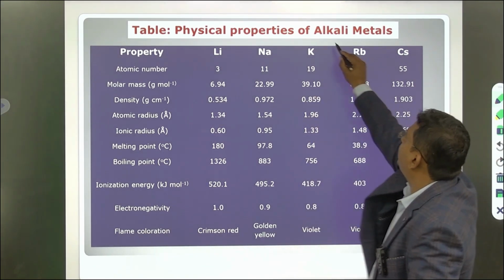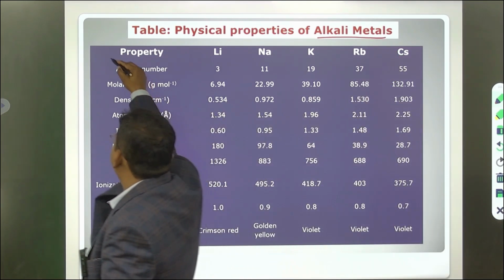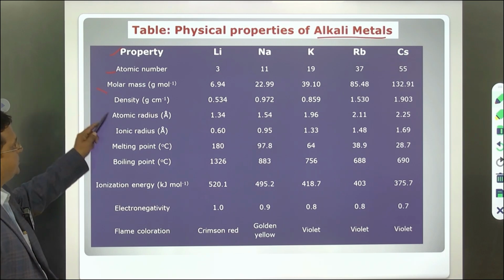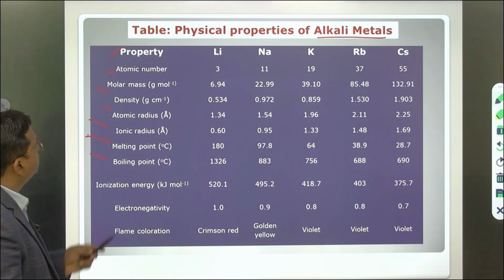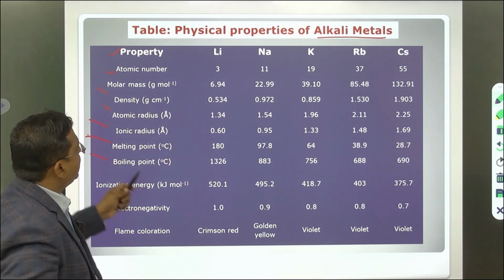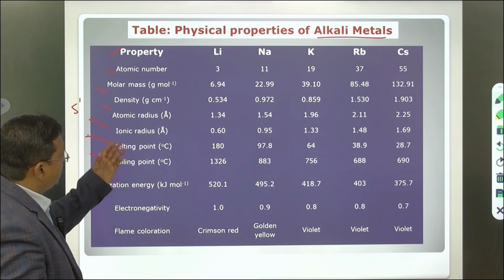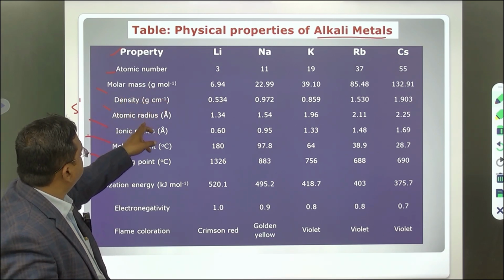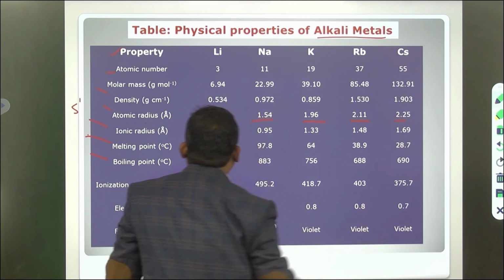Physical properties of alkali metals. What are the physical properties? Here the properties: atomic number, molar mass, density, atomic radius, ionic radius, melting point, boiling point. Here, in atomic number, you see in their configuration they have s1 configuration in their last orbit. Atomic radius increases gradually.